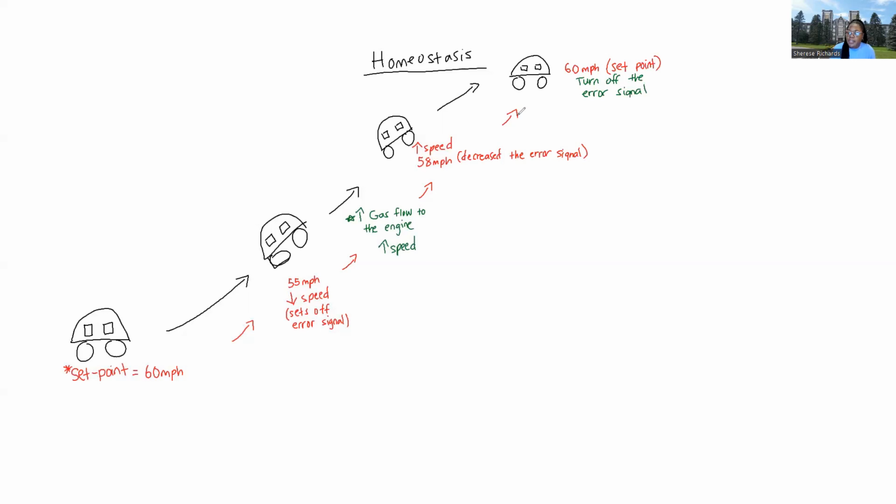And so the body will have checks and balances. In this case, with our car, that would be gas flow to the engine, as well as the error signal. Those are the checks and balances that are going to identify when we shift away from the set point, and also work to get us back towards that desired value for our variable.